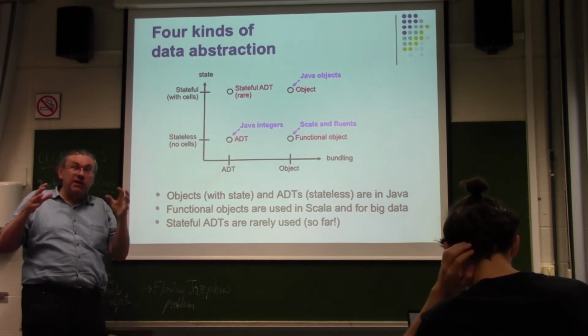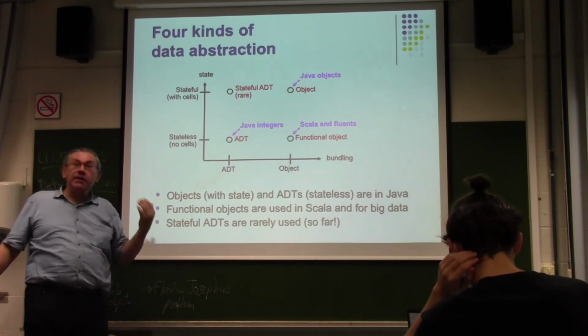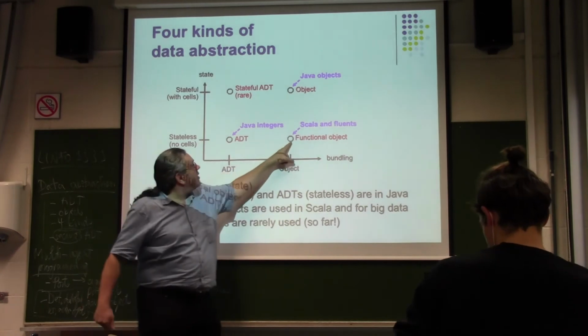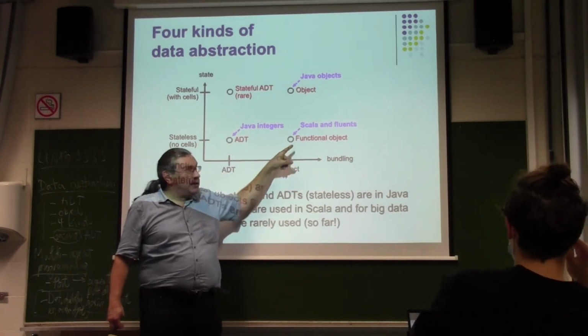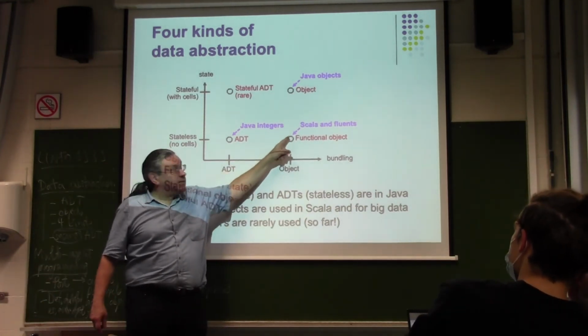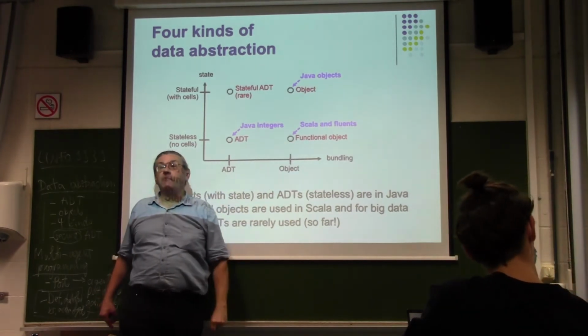In this course, I'm showing you the whole spectrum. And it used to be, years ago, let's say 10 years ago, that this was not used. But now, in 2020, 2021, you can see that this is coming up as a really interesting new kind of data abstraction.